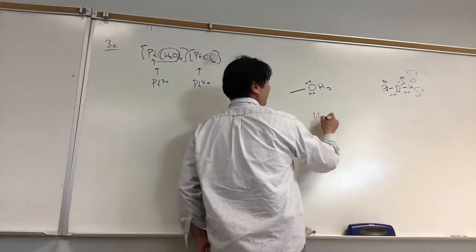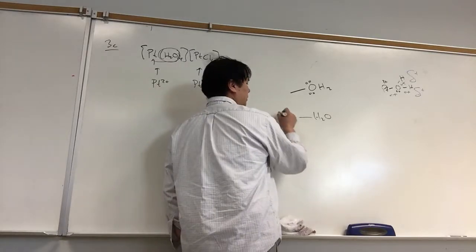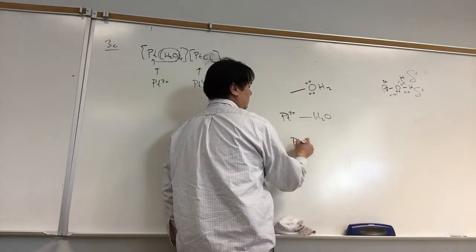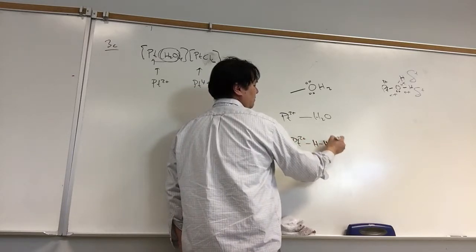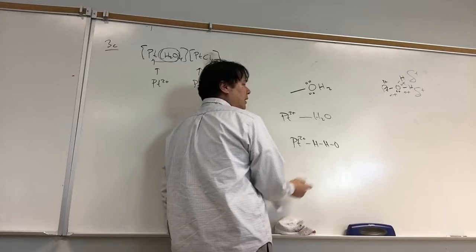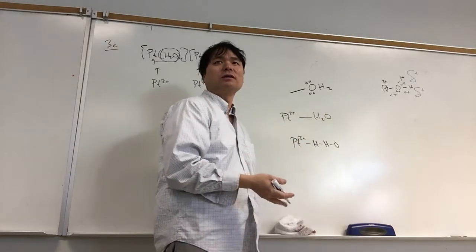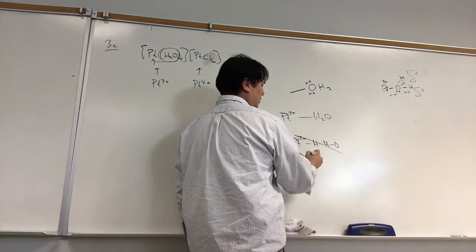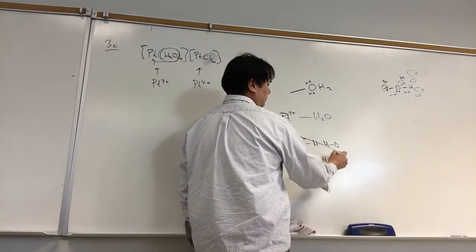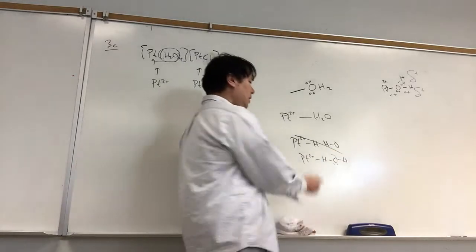If you did H2O, how's it bonding? I know what you mean if you wrote it like this, but if you're going to write a structure, you've got to write it correctly. And so this is obviously wrong. Can't be like this.